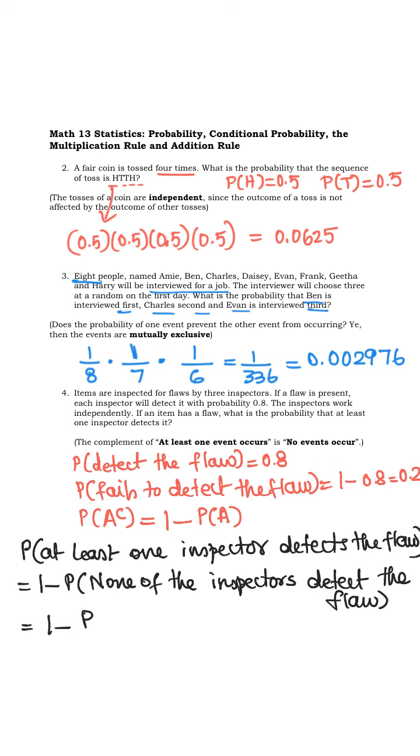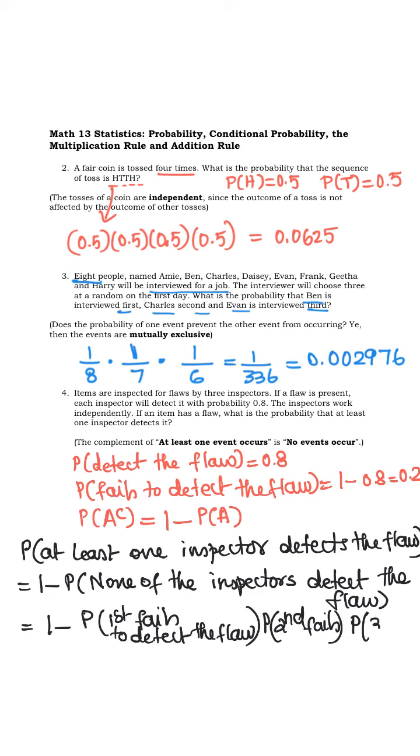That means the probability that the first inspector fails to detect the flaw, and the probability the second also fails to detect the flaw, and the probability the third also fails to detect the flaw.